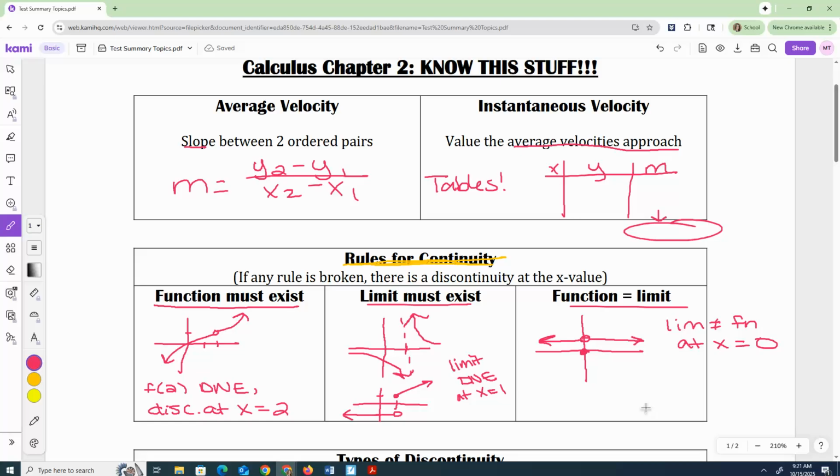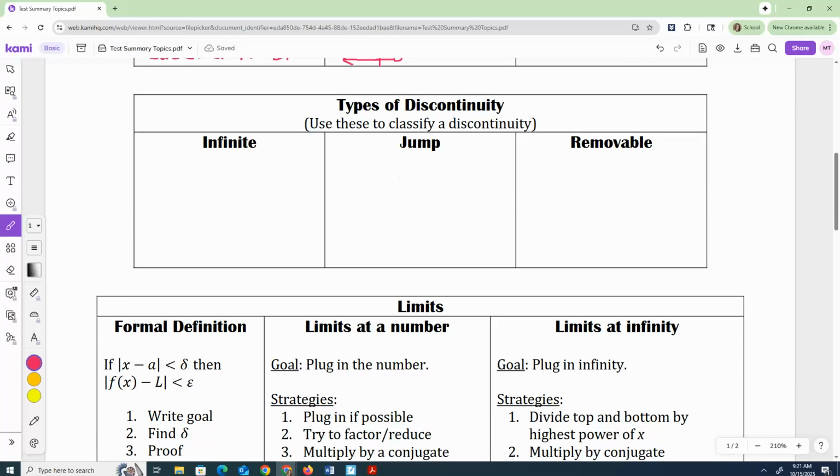Now, if something isn't continuous, we can classify the different types of discontinuity. And so there were 3 types: infinite, jump, and removable. So infinite, on a graph, what did that look like? That was going up to infinity, or negative, something like spiraling down.